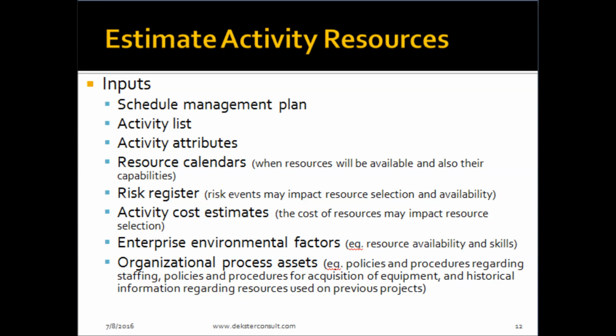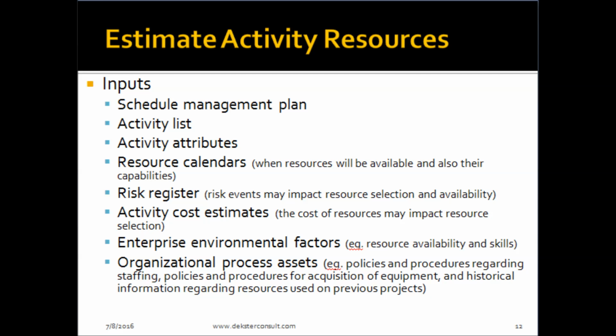What inputs can we make reference to? Of course, we shouldn't forget our schedule management plan. It guides us throughout the whole time management process. Then, our activity list as well as activity attributes, which give more information about each activity. Resource calendars will tell us when resources will be available and also their capabilities.